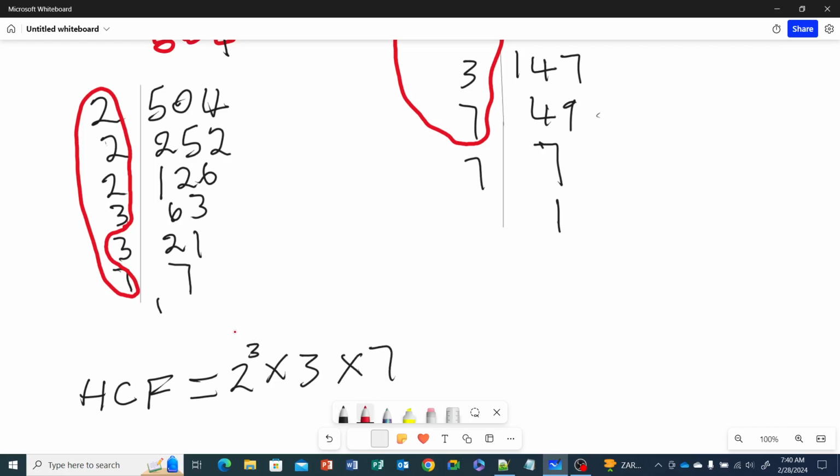So this one over here, which I wrote as 2 cubed, is a shortcut for 2 times 2 times 2.